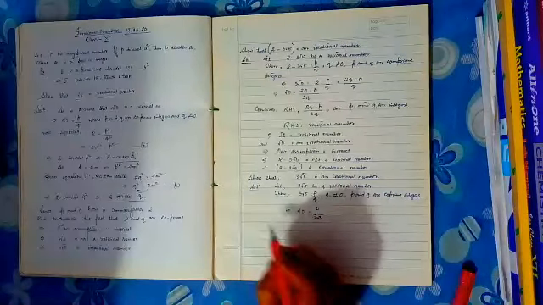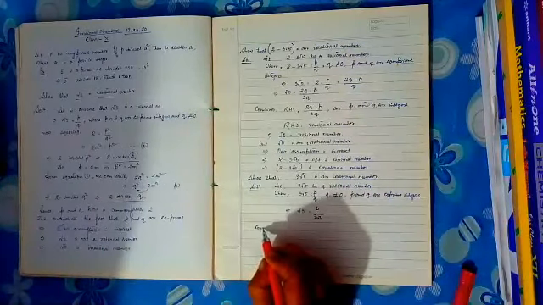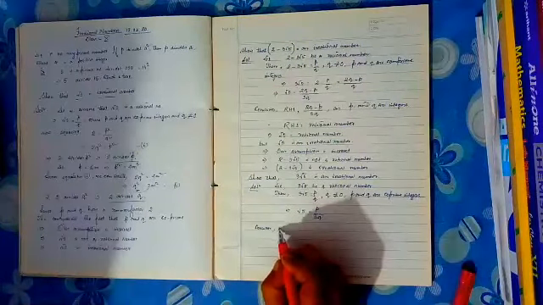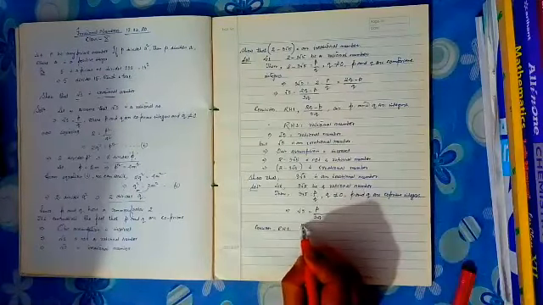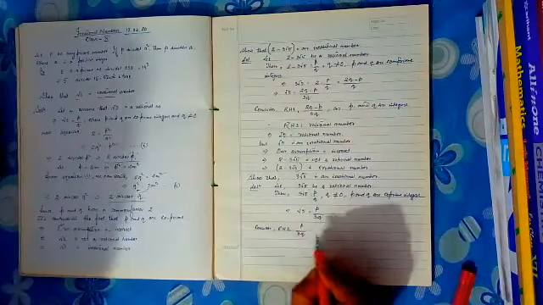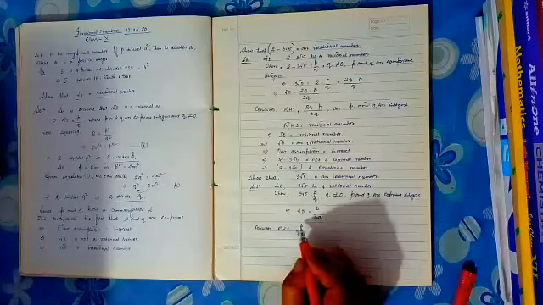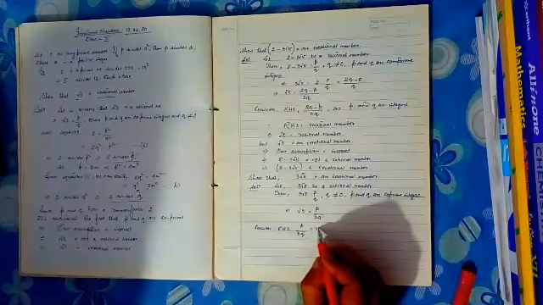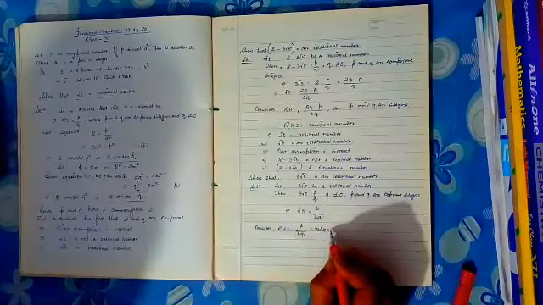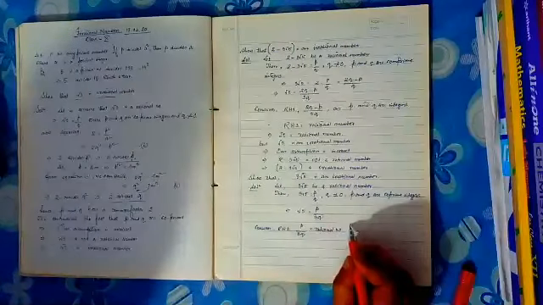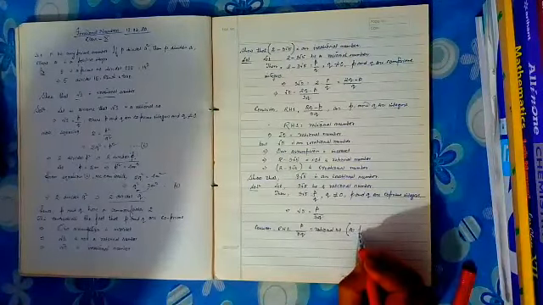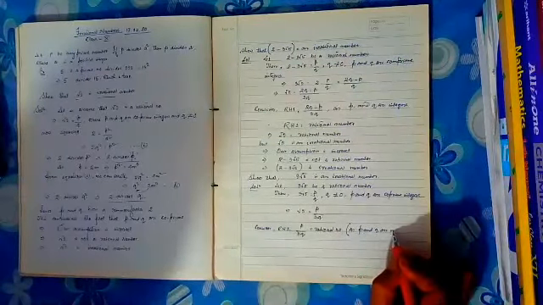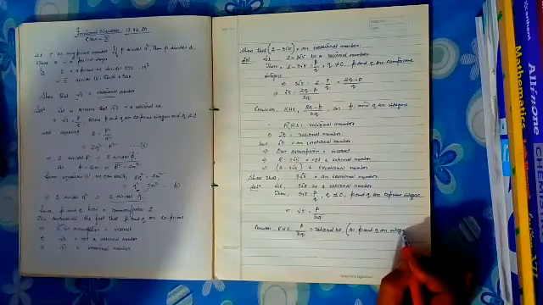Now consider the right hand side, p by 3q. Now what you know, p and q being integers, p by 3q is a rational number. Write the reason as p and q are integers.